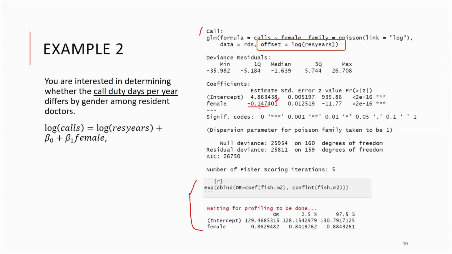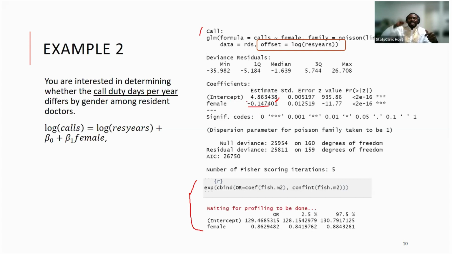Hold on before you go. The estimate in the male is the exponent of 4.86. Excellent. The estimate in the female is not the exponent of this.